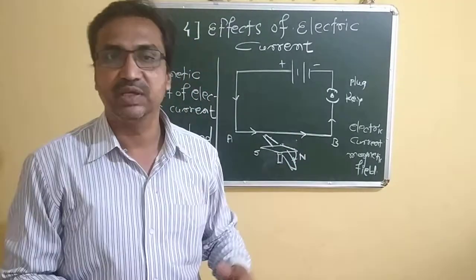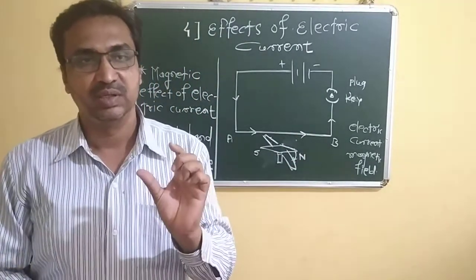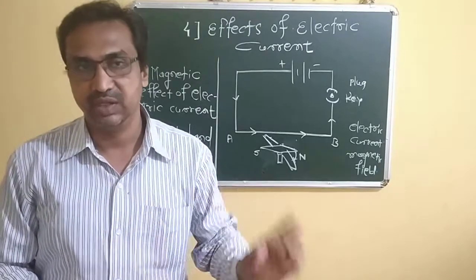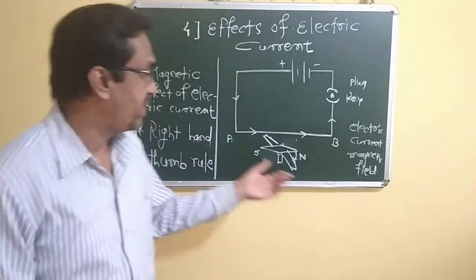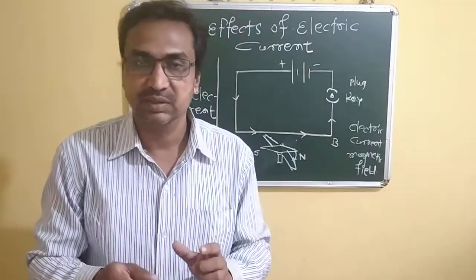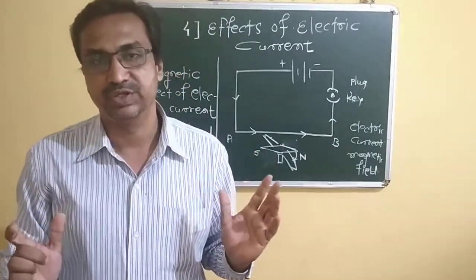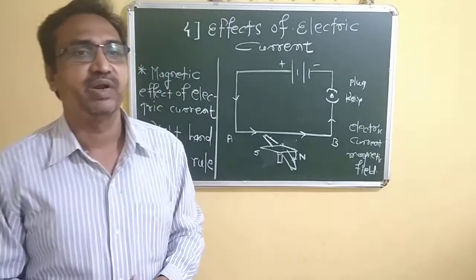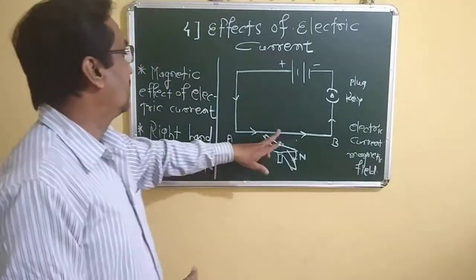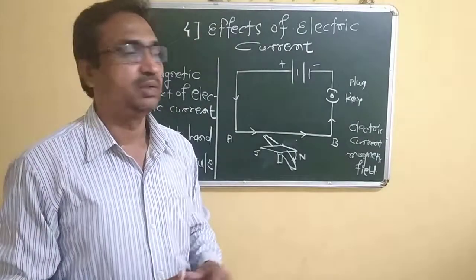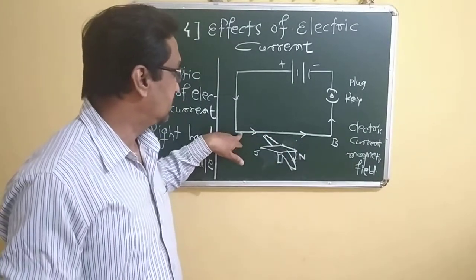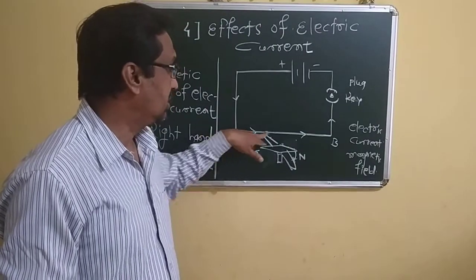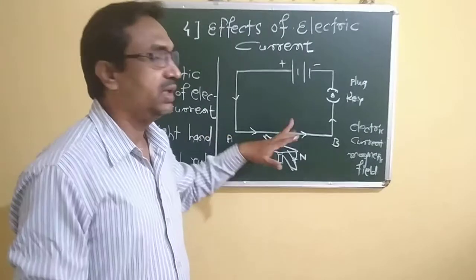If there is no magnetic field, then the magnetic needle is stable in the north-south direction, so we can easily find out the presence of a magnetic field near a conductor carrying an electric current.